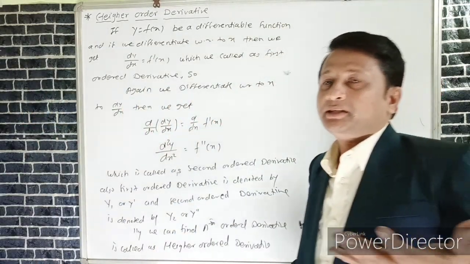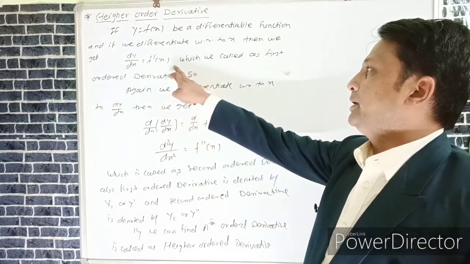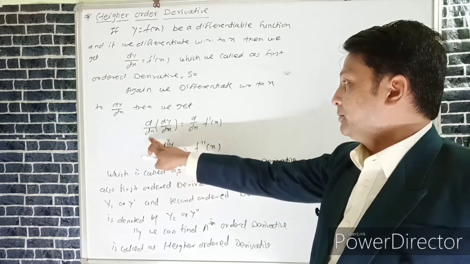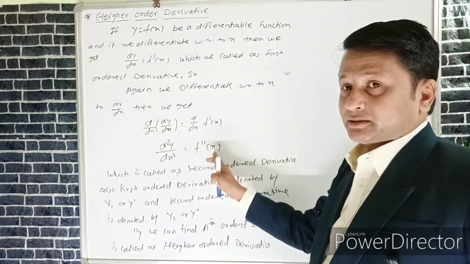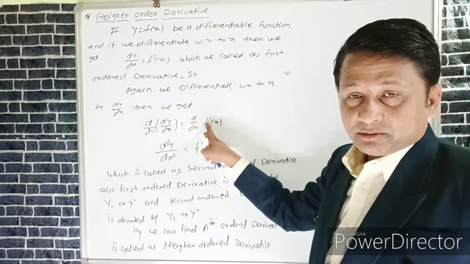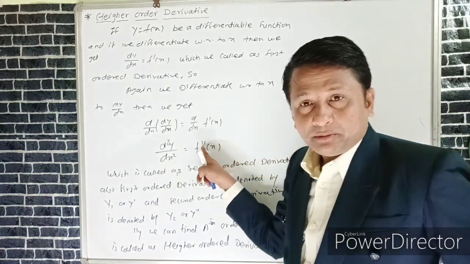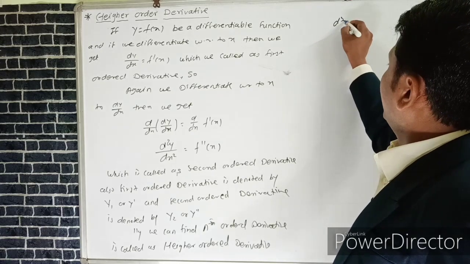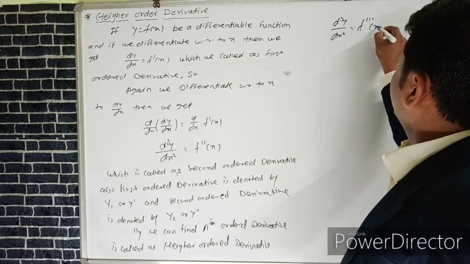If we differentiate dy by dx, then we again get a derivative, which is d2y by dx square, which is f double dash of x. Also we call d3y by dx cube equal to f triple dash of x.